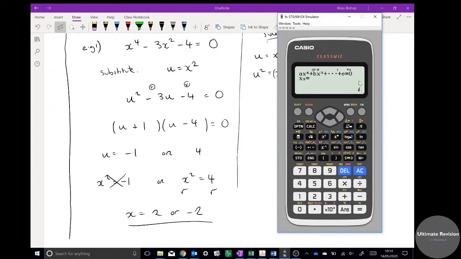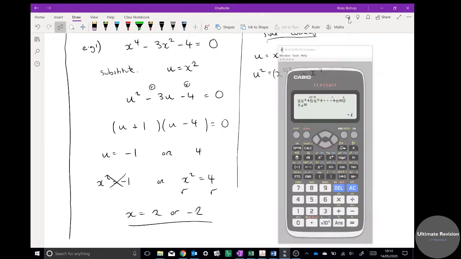Now that is a complex number coming from this solution, but that's not a real solution. And minus i again comes from over here. So any with i in, you don't need to worry about just yet. So we know that's correct.